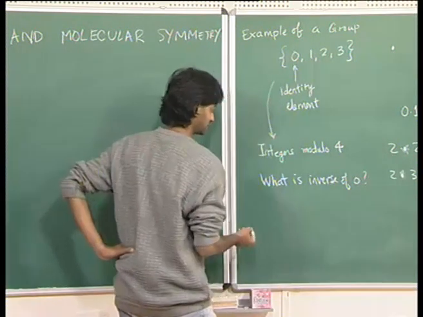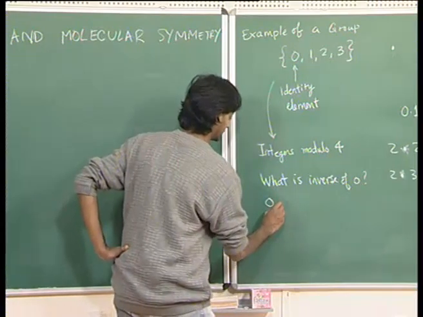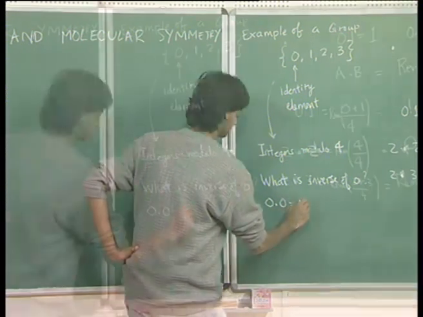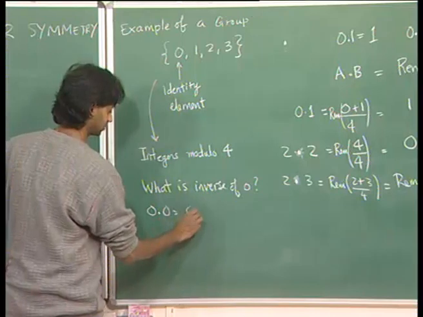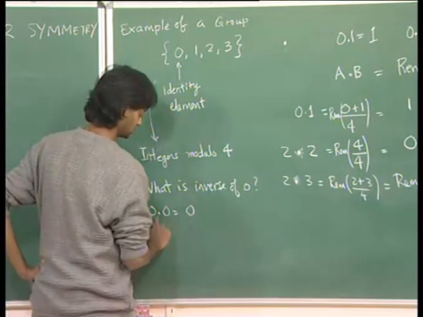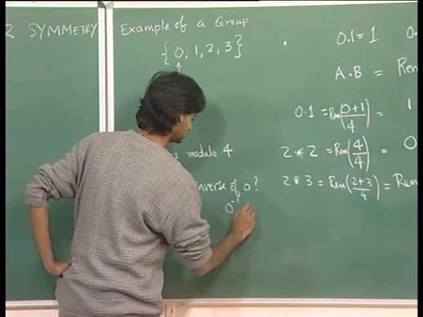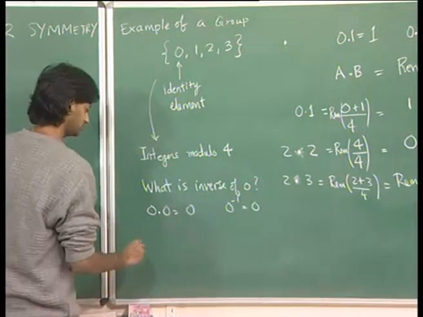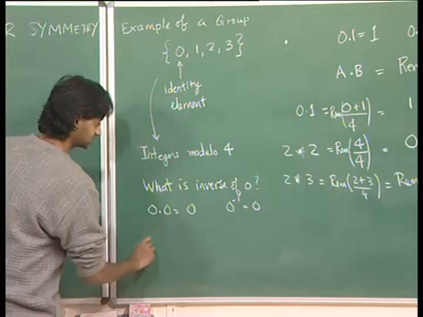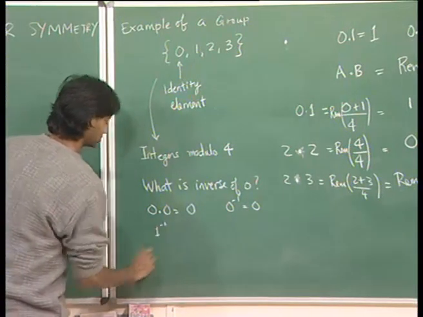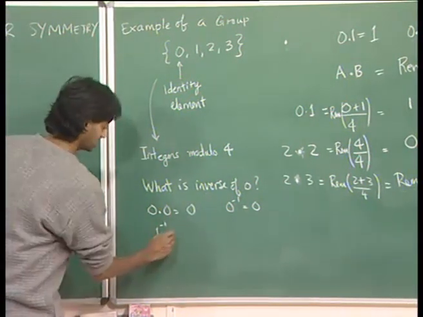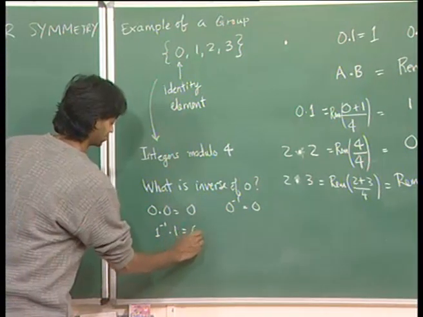And the answer you can see easily: 0 times 0 is equal to 0. So clearly 0 inverse is 0. What about 1 inverse? 1 inverse times 1 has to be equal to 0.